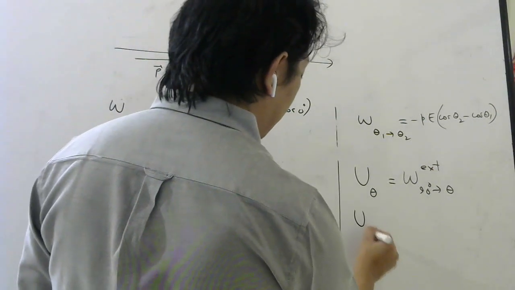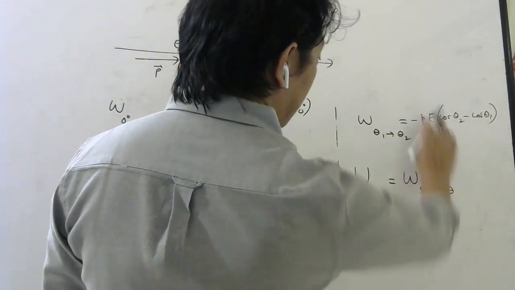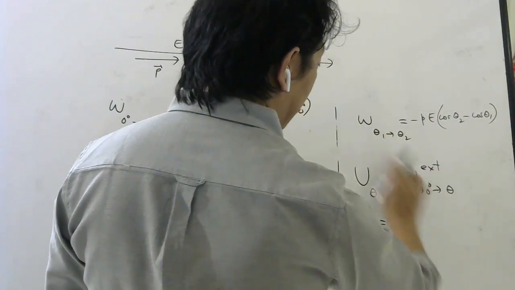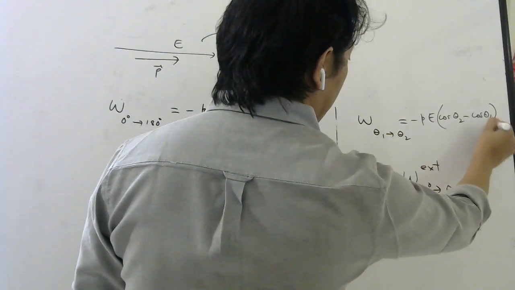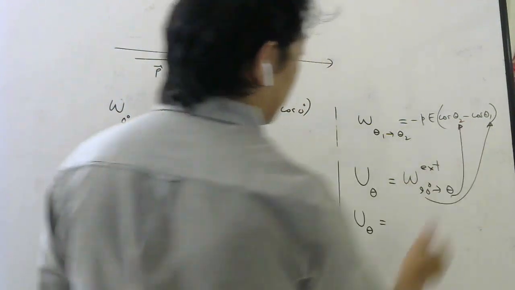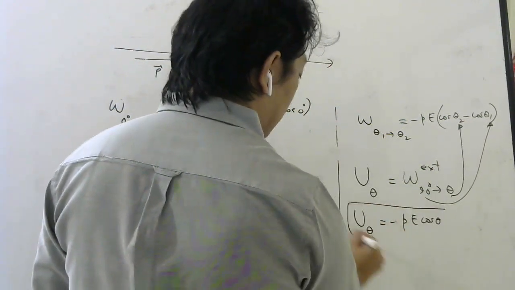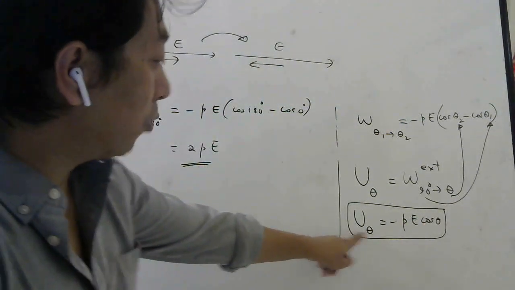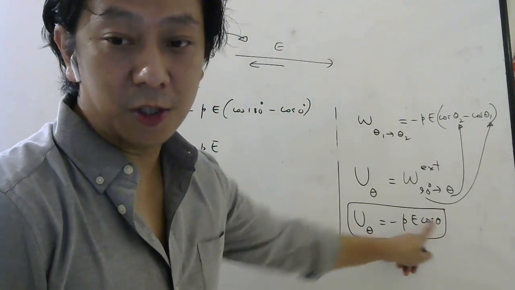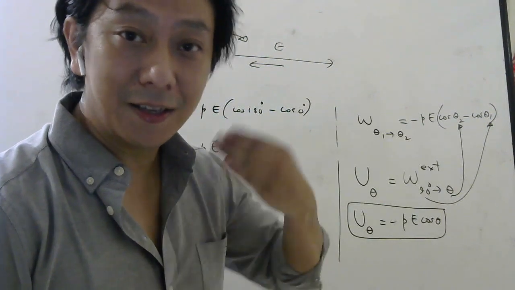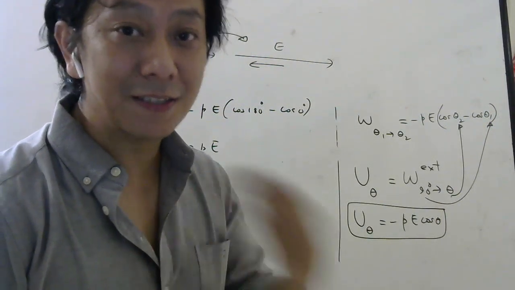So that potential energy is equal to, put this formula, put these angles. 90 degree is theta 1. So 90 degree should go here. Theta should go here. Then you will get minus PE cos theta. And this will be minimum when theta is 0. Because minus PE is less than 0 also. Negative number will be less than 0, remember.